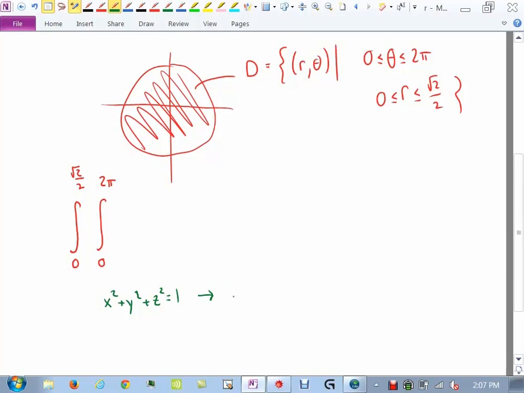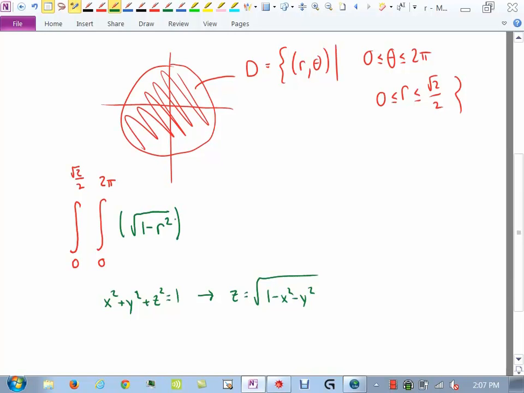Moving things over, you get z equals the square root of 1 minus x squared minus y squared. But I just did that thing a second ago where I factored out the negative. x squared plus y squared was r squared. So the top of the sphere is the square root of 1 minus r squared. Yes? So square root 1 minus r squared.